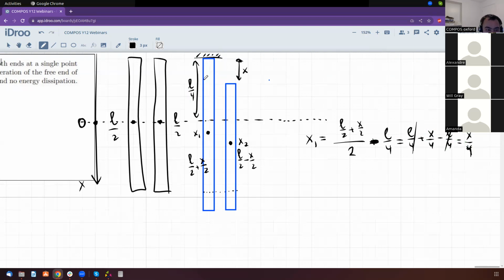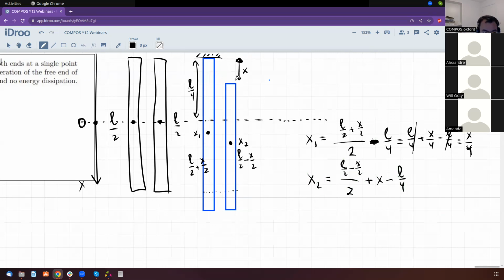So the center of mass of the first piece of rope has moved down by x/4, where x is how much this end has moved. x2 is going to be the midpoint of this one. So it's L over 2 minus X over 2 over 2 plus X minus L over 4.